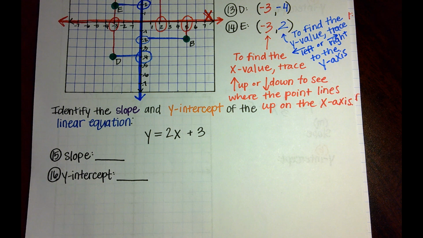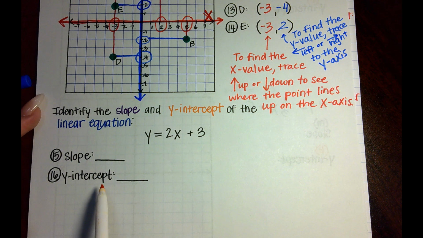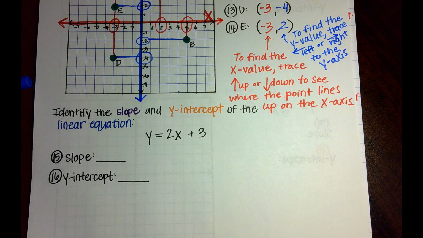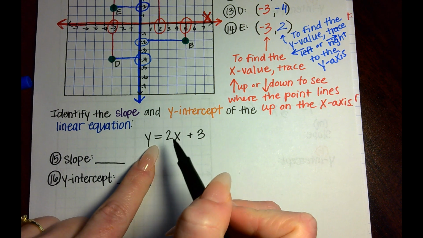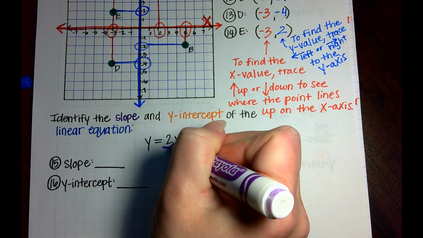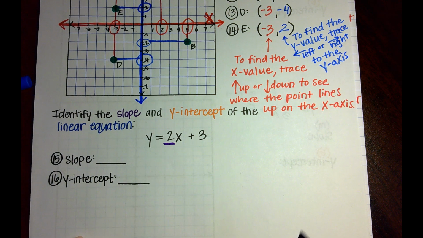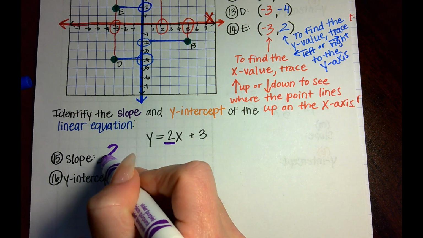We just need to figure out what is the slope, what is the y-intercept. Here's how we find the slope. Our slope is always going to be the number next to x. What's the number next to x? 2.